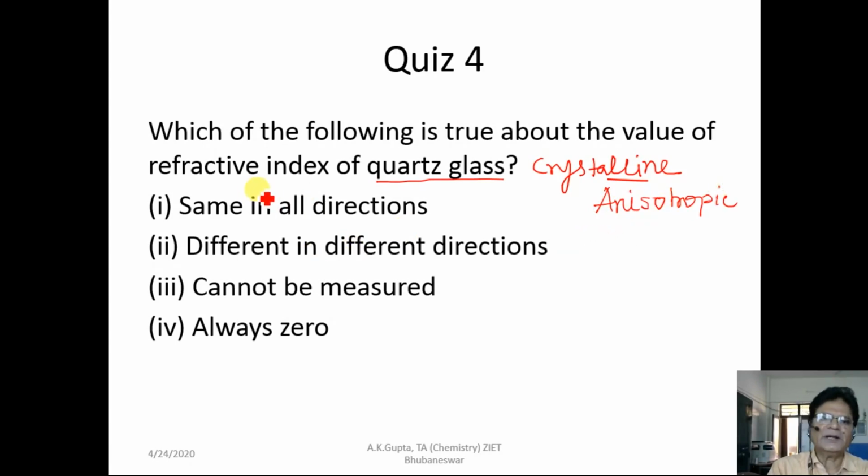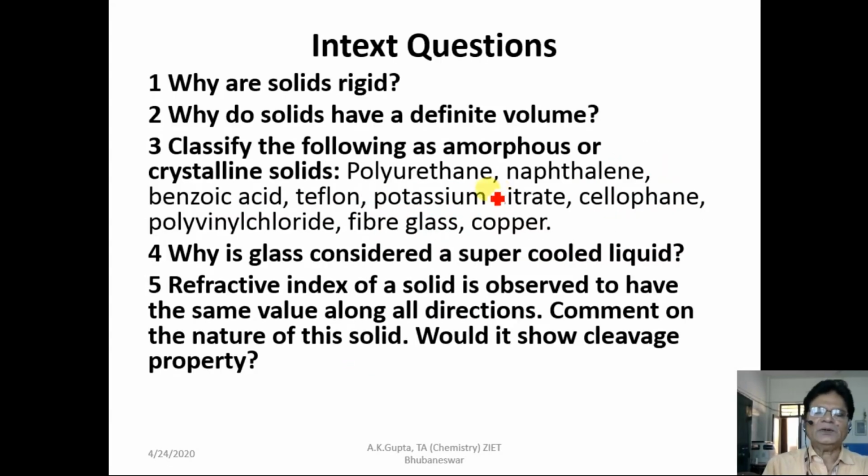Therefore, refractive index will not be the same in all directions. Same in all directions? No. Different in different directions. Yes. Cannot be measured? No. Always 0? No.